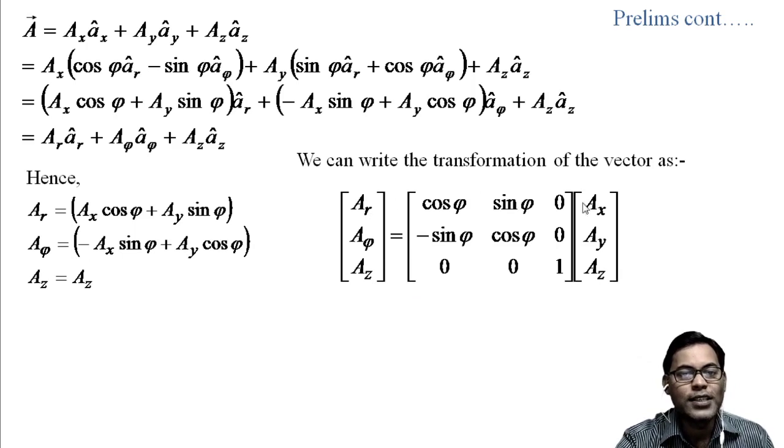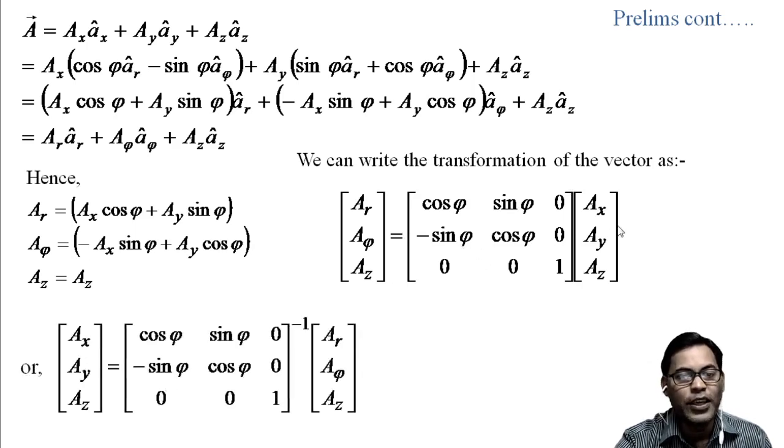Now if you remember this form, it will be easier to transform a problem from the Cartesian coordinate system to the cylindrical coordinate system. But if the problem is given in the cylindrical coordinate system and we want to transform it into the Cartesian coordinate system, from this matrix form we can find the expression. Ax, Ay, Az equals the inverse of this matrix into Ar, Fi, Az.